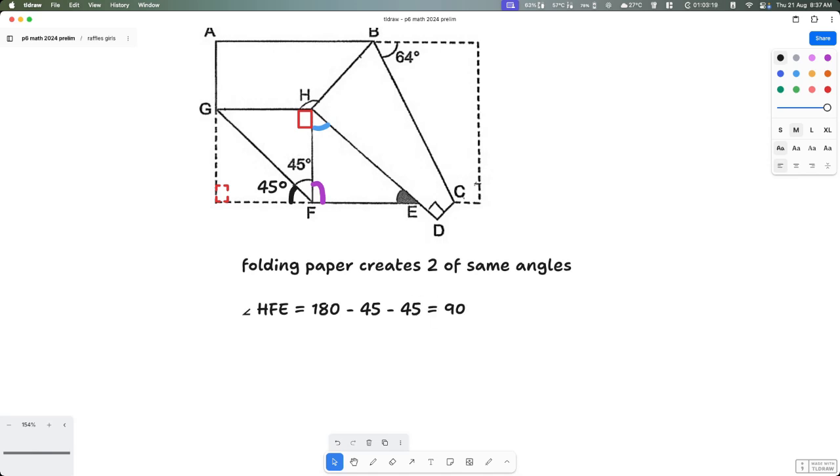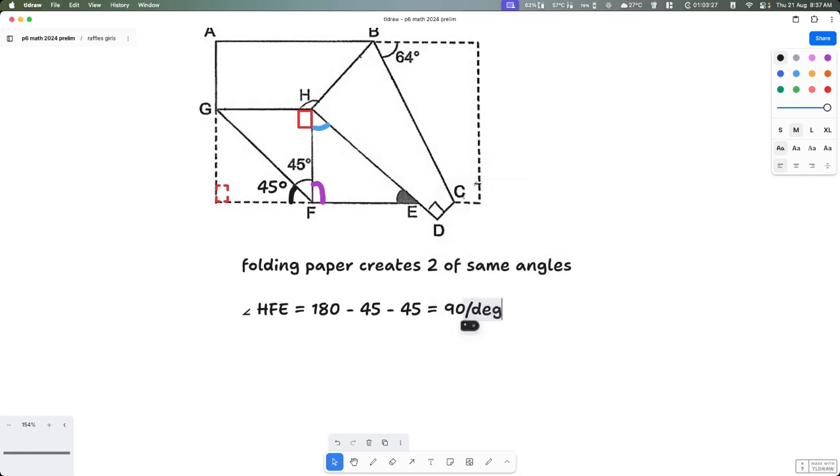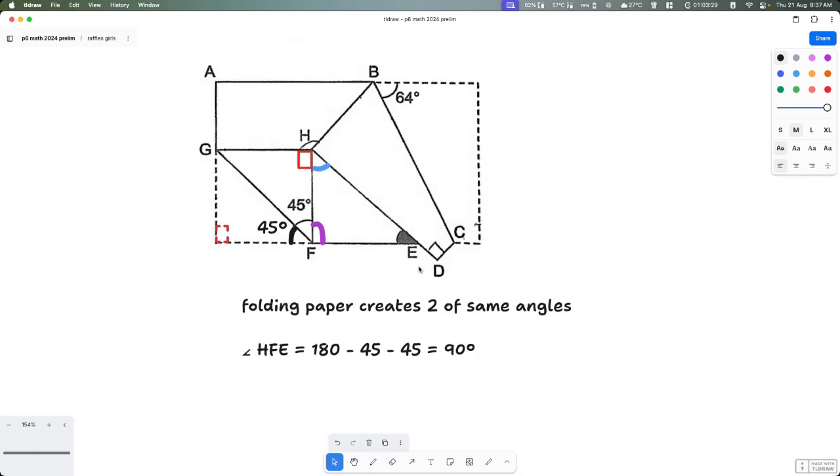Double confirm, 180 minus 45 minus 45 gives us 90 degrees. So once we get this, we know that this is 90. This is 90 degrees, purple.